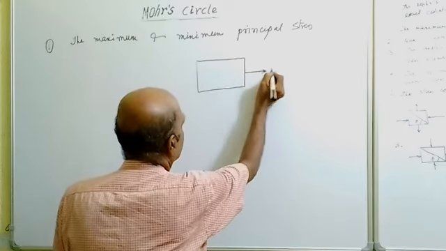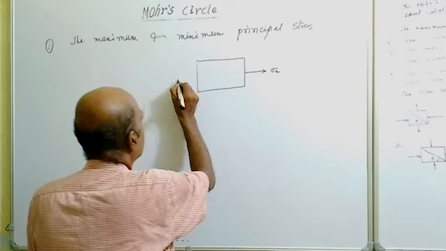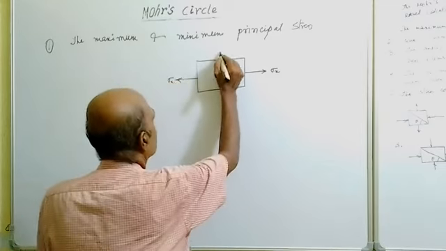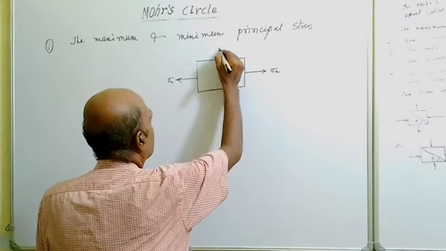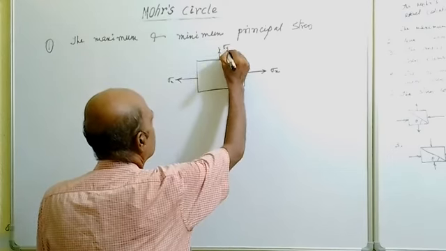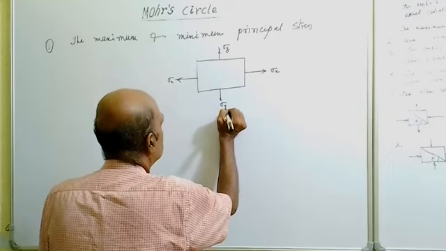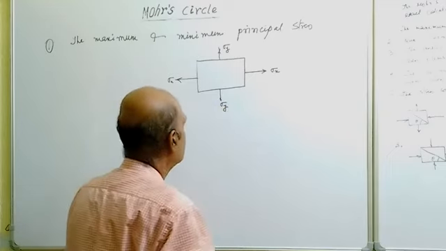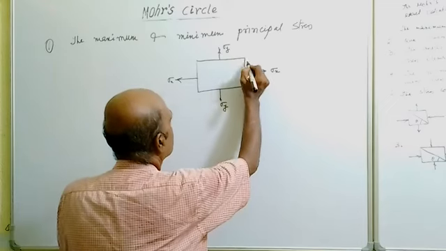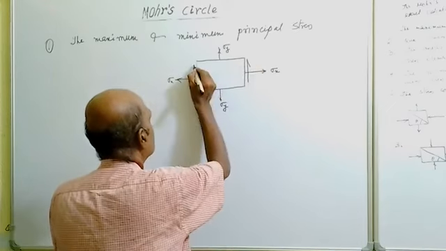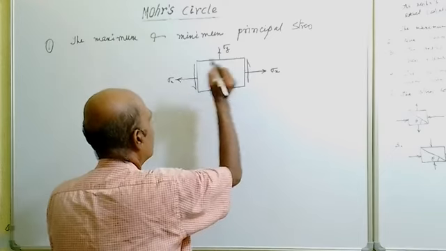Let sigma x be acting along the x direction, which we consider positive. Sigma y is acting along the y direction, which is also positive, that is, tensile stresses. On the x face, shear stress tau xy is acting in the anti-clockwise direction.